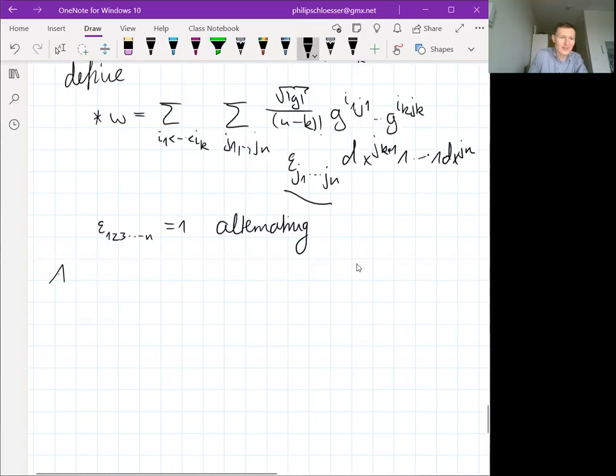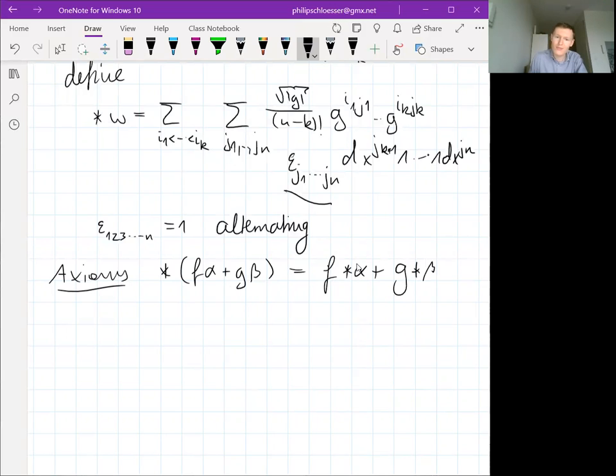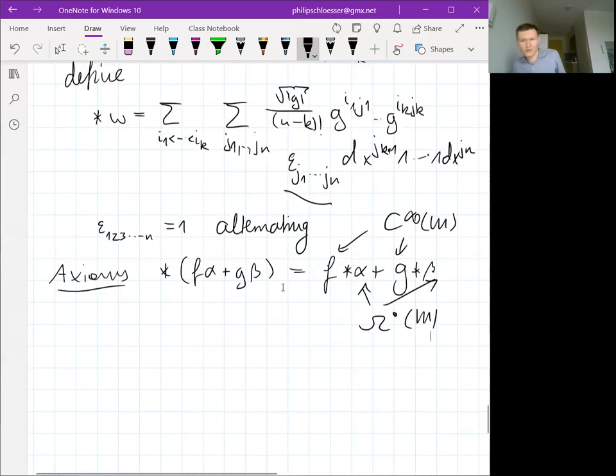So I guess let's get straight to the axioms. It's linear, really linear, which is sort of a relief: star of (f alpha plus g beta), where f and g are scalars and alpha and beta are general differential forms.